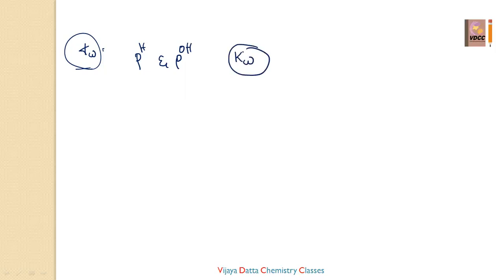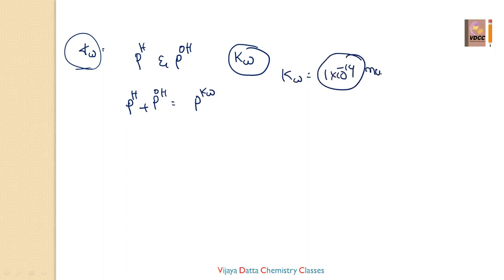Then what is the relation between pH and pOH here? The sum of pH and pOH will be equal to pKw. The Kw value is 1 into 10 to the power of minus 14 mole square per liter square.